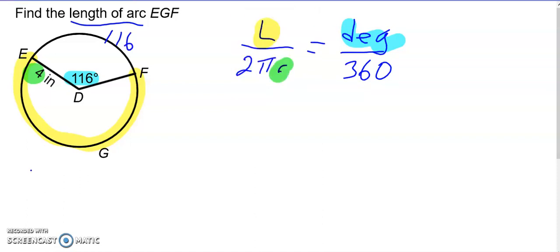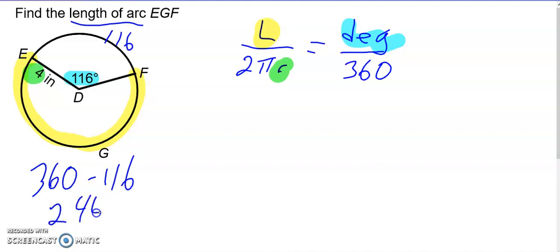Remember how we get that? We do 360 minus 116. I get out my calculator, 360 minus 116, and that gives me 244.